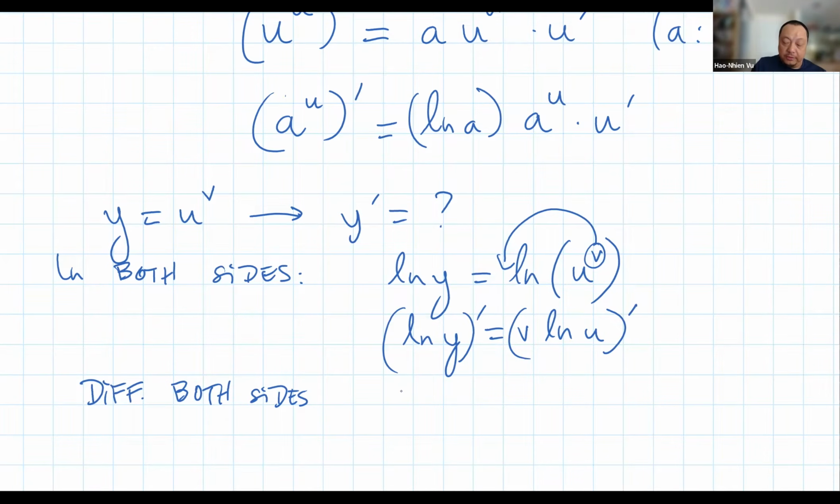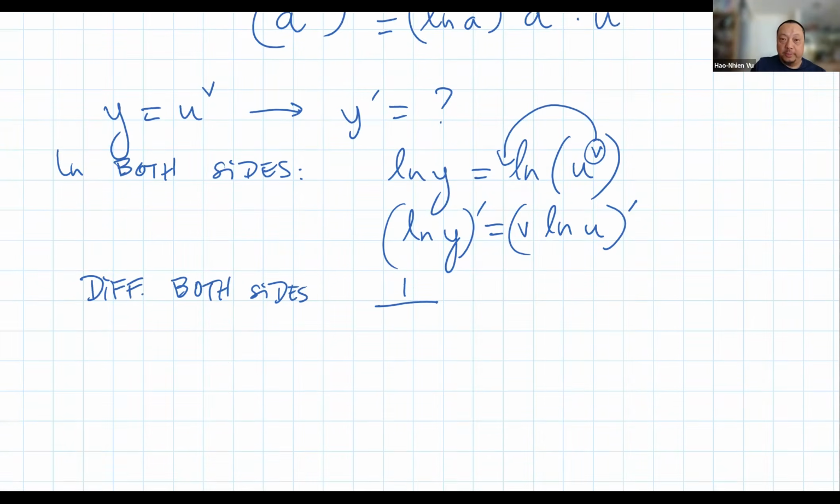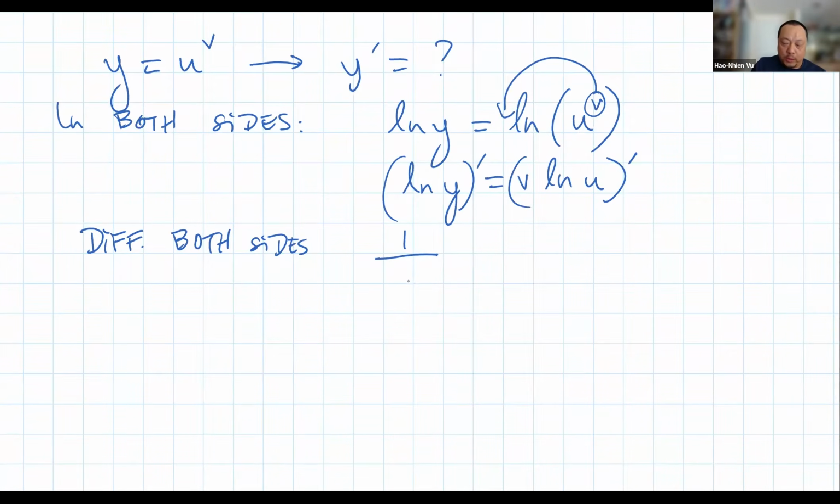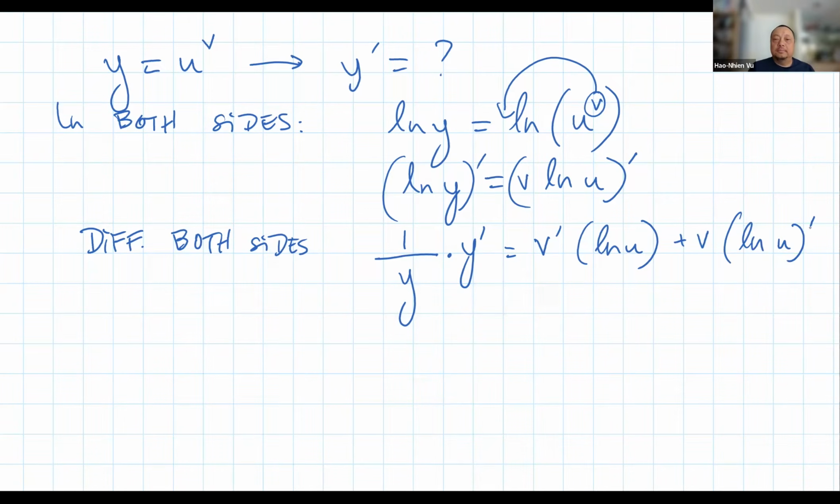On the left, you have derivative of ln is 1 over the argument, so 1 over y times y prime by the chain rule. On the right-hand side, you have the product rule. And so it's v prime times ln of u plus v times the derivative of ln of u. Now, this may be easy or hard, but it's all of the form that we can do.